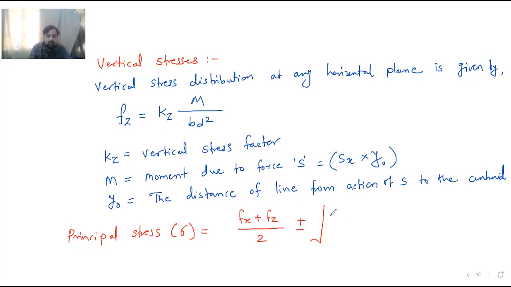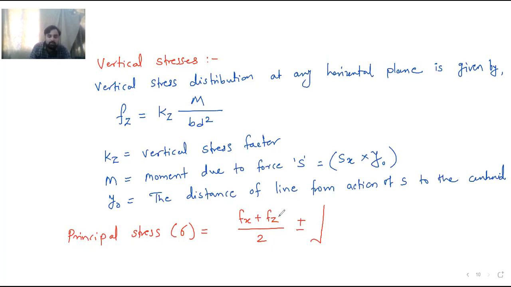This formula you have already seen in the chapter on principal stresses and planes: sigma x plus sigma y by 2 plus minus under root of sigma x minus sigma y by 2 whole square plus q square.